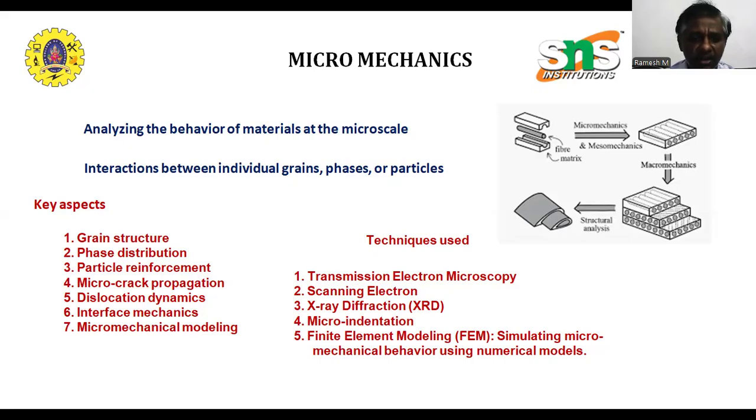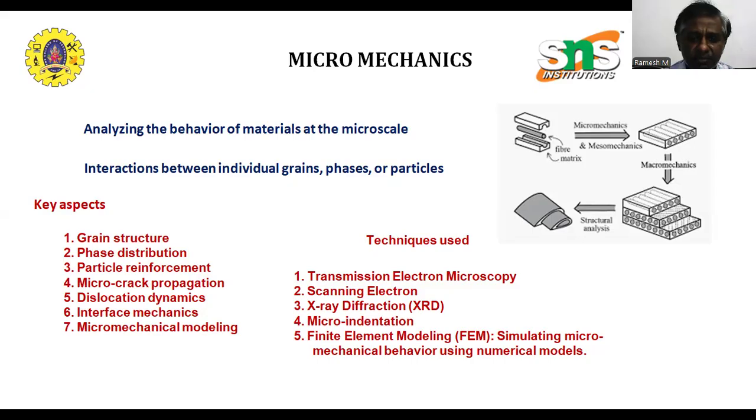From the applications point of view, there are materials design, failure analysis, property prediction, optimization, and multi-scale modeling. In materials design, developing new materials with tailored properties will be done. In failure analysis, we understand material failure mechanisms.